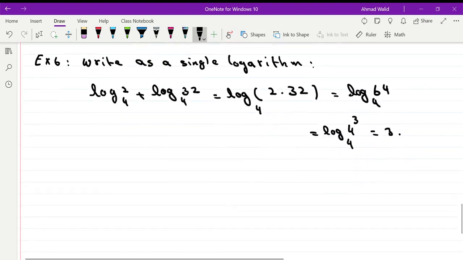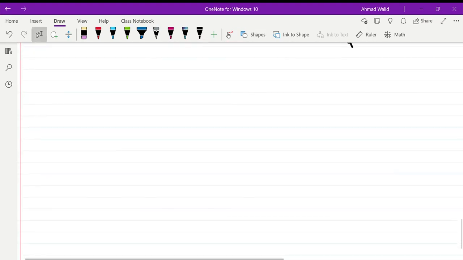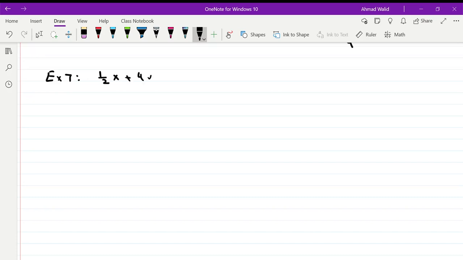Another example. Let me do more. Example number 7. 1/2 log x plus 4 log of x minus 1.